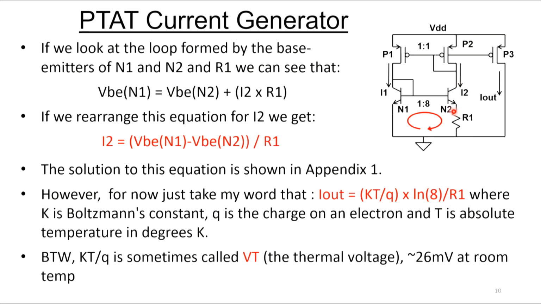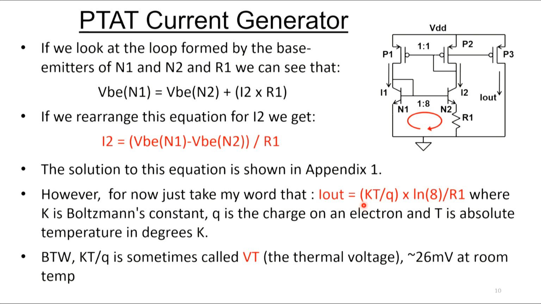That's going to be this current right here, which is the same as this current, which is the same as your output current as long as all your transistors up here match. Again, I'm skipping the math, but if you really want to see it, I know Michael might want to see it. It's in Appendix 1. You can go look at it.